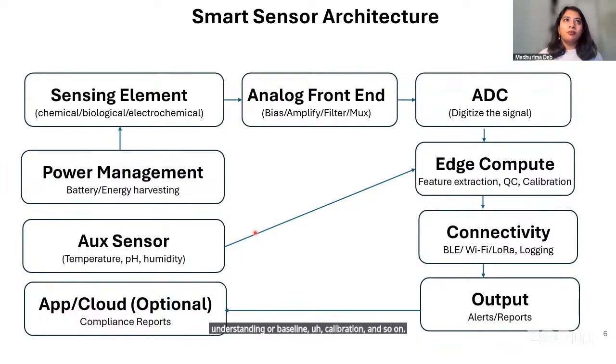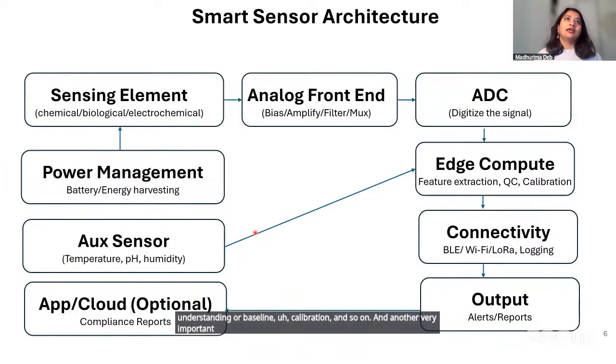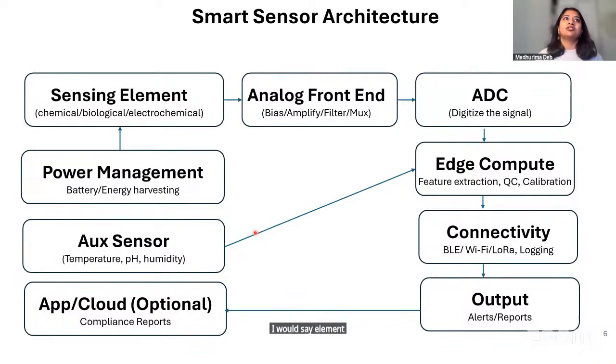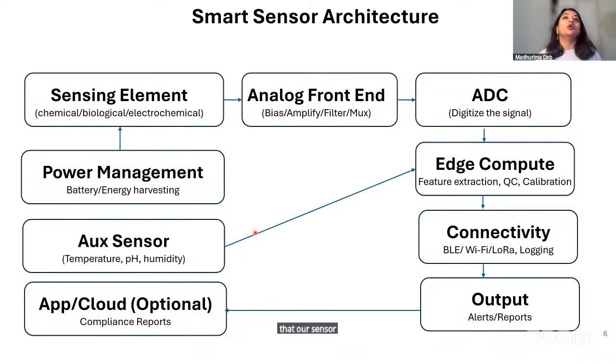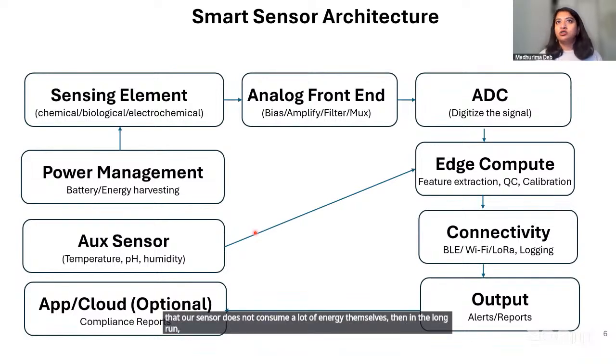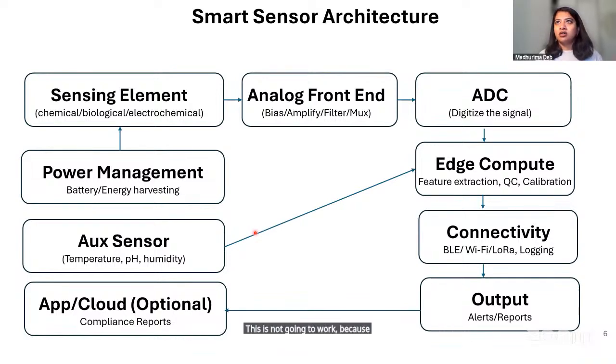Another very important element of the architecture is power management, because as I already mentioned, we should make sure that our sensor does not consume a lot of energy itself. In the long run, that is not going to work because we are trying to conserve our planet. Then it goes against what we started our work for.